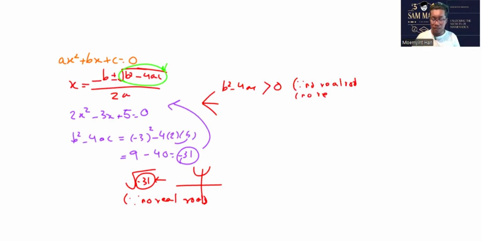And then we might have a discriminant which is greater than 0. It means we have a real answer, and the answer should be 2 answers.